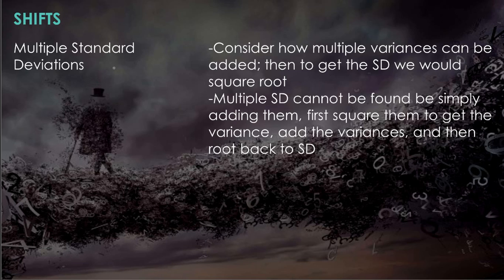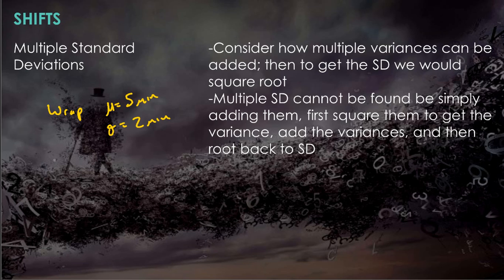Multiple standard deviations. Now we can't just add our standard deviations. So going in the case of delivery, let's just do two. Maybe for my wrapping stage, I have an expected value or a mean of 5 minutes, and maybe I have a standard deviation of 2 minutes.